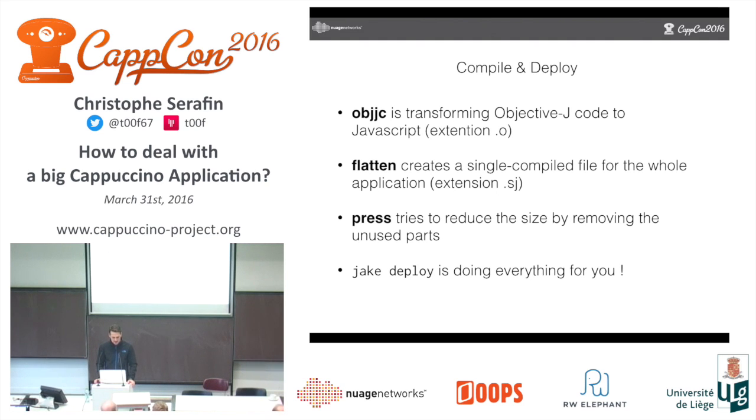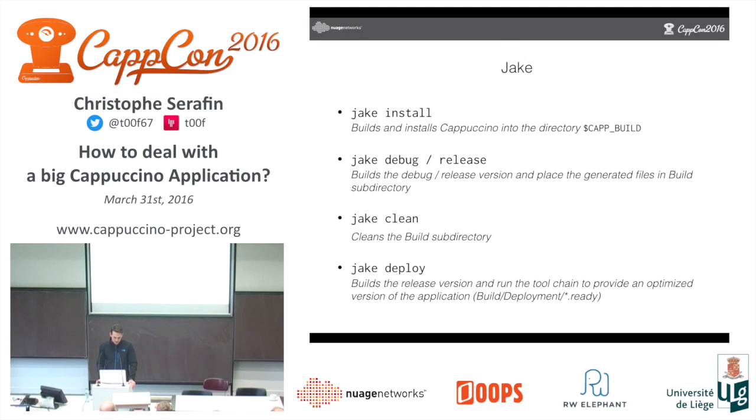Normally, at this point, you should have a decent amount of files and something that you can easily deploy. It looks very complicated like this, but there is a command, Jake deploy, which does that for you. Jake, you probably already used it when you did a Jake install, Jake debug and Jake release. I just wanted to make sure we all agreed on what it does.